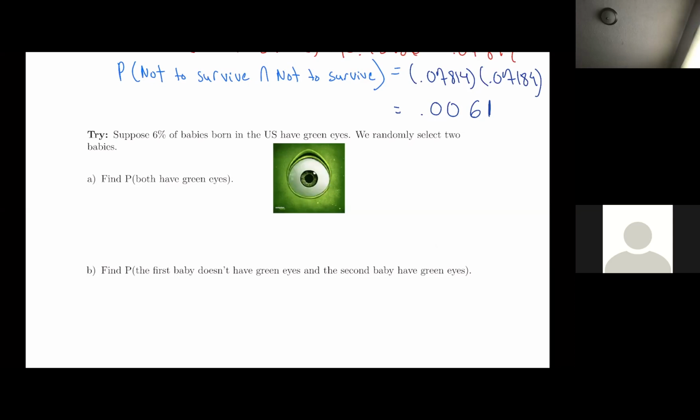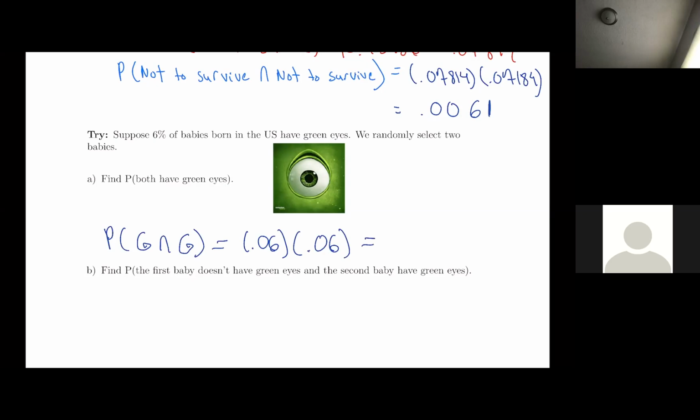So it's 0.06 times 0.06. Perfect. For this one, you want the probability the first baby has green eyes, and the probability the second baby has green eyes. So that's 0.06 multiplied by 0.06.